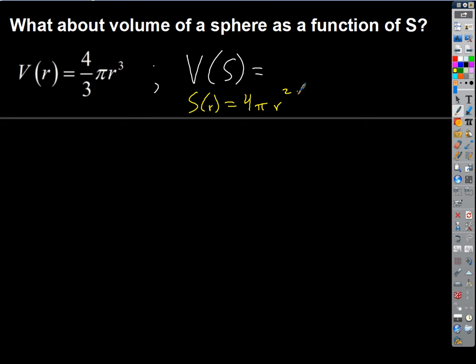Maybe add it? So what do you notice here? I've got volume as a function of radius, and I've got surface area as a function of the same input variable, radius.